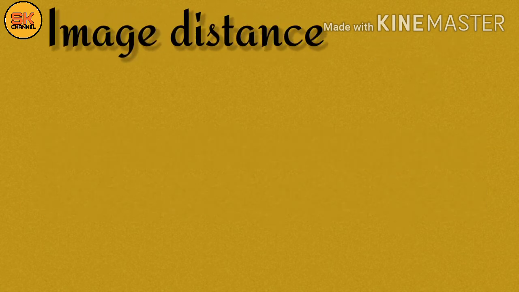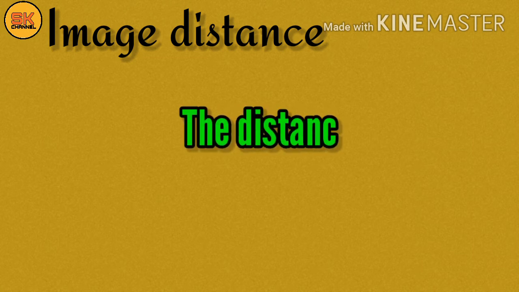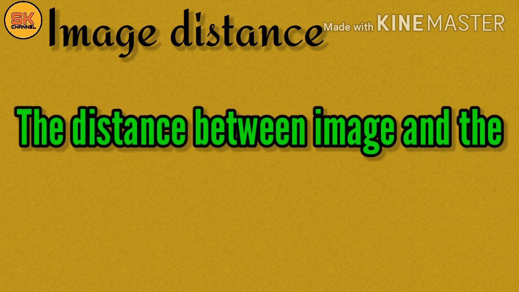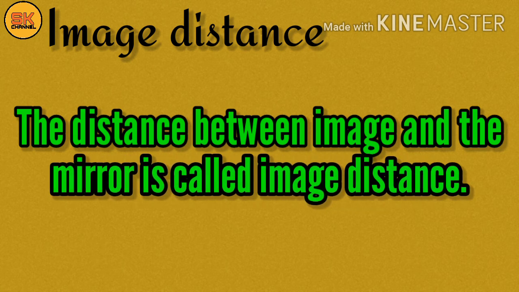Image distance. The distance between the image and the mirror is called image distance. It is denoted by small v. The CGS unit of image distance is centimeter and MKS unit of image distance is meter.